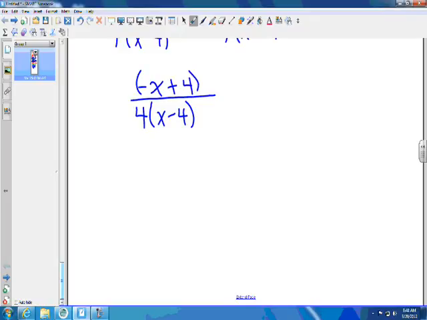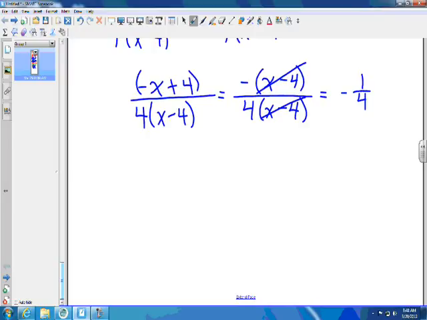And that is what you would have to do then. So by putting a negative out front, we now have x minus 4 over 4 times x minus 4. We cancel. So what's our answer? Negative 1 fourth. Good. Very good. That one lasted further than yesterday.